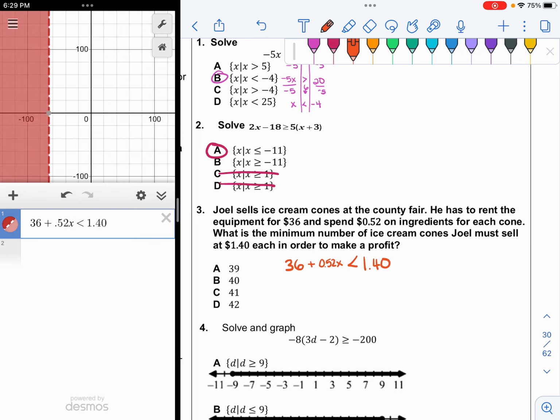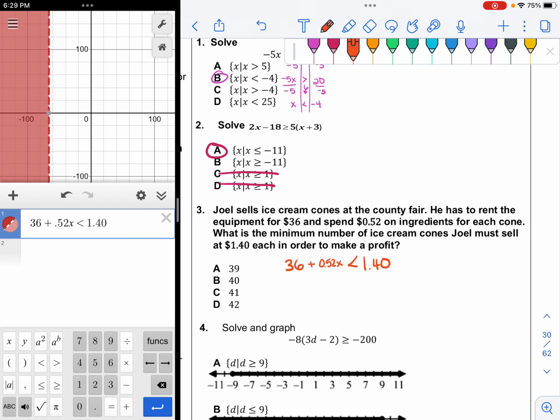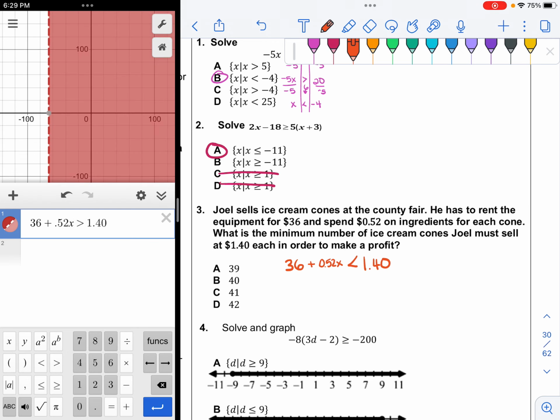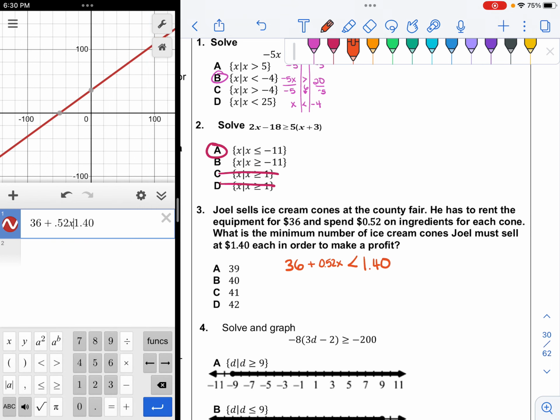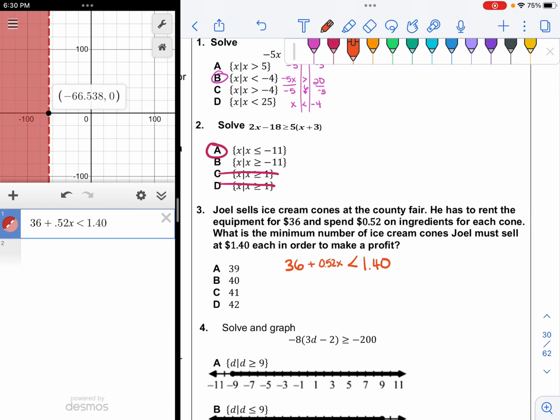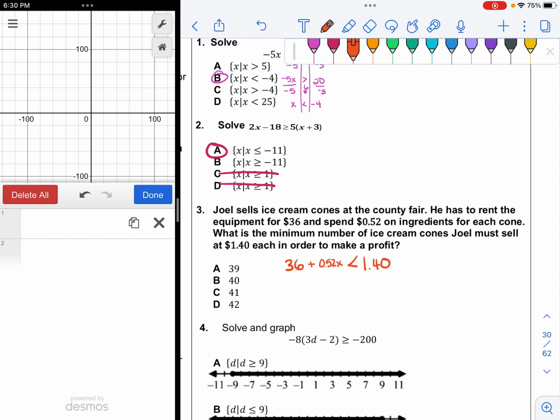No wonder it didn't show up. We see that he needs to sell 66 cones in order to make a profit. I don't think the correct answer is here. I think I've made a boo-boo here. But that would be 66 cones.